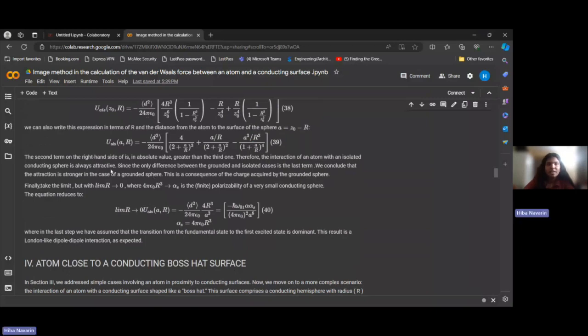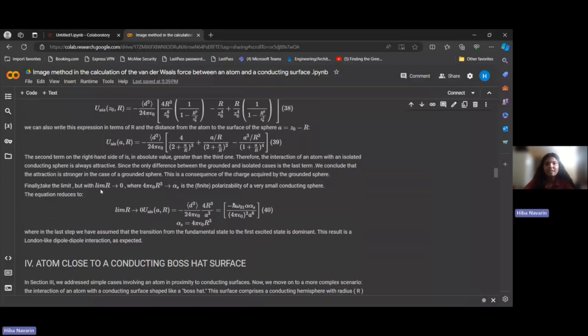Because of that, we can say the force would be attractive, but it would be less in magnitude, because the grounded sphere can change the charge acquired, and hence the force will always be more attractive.